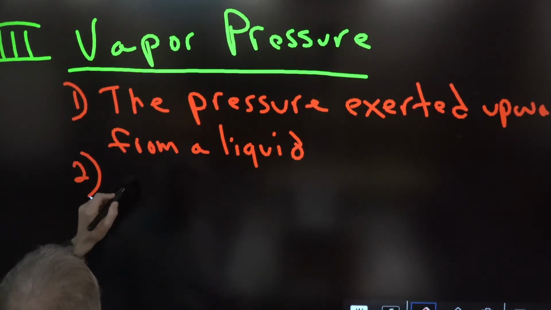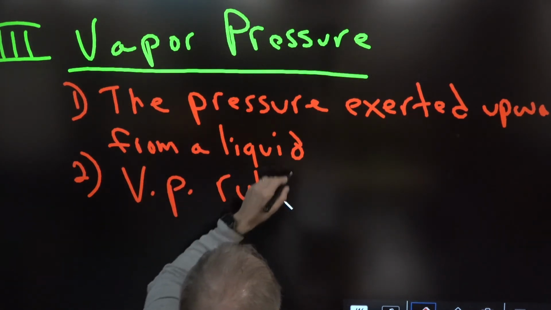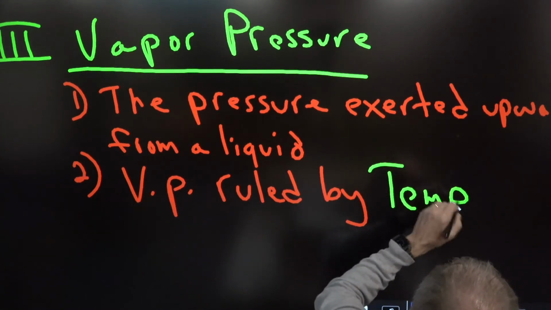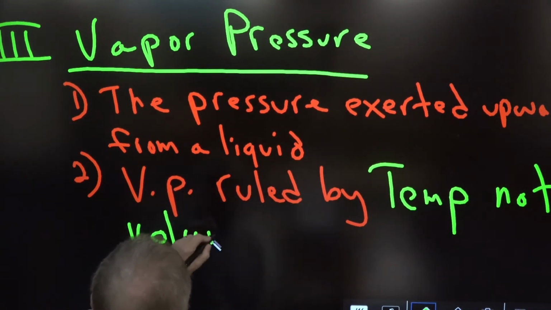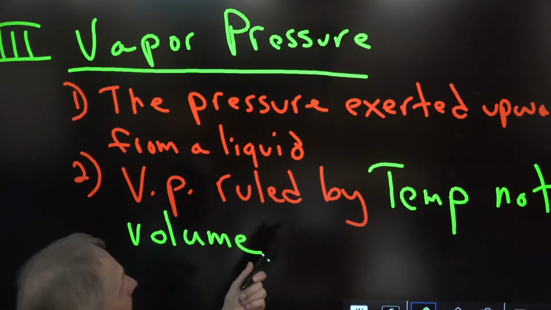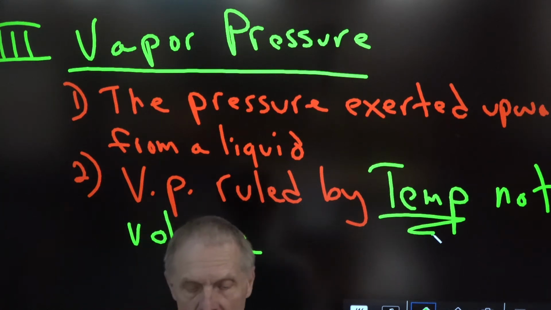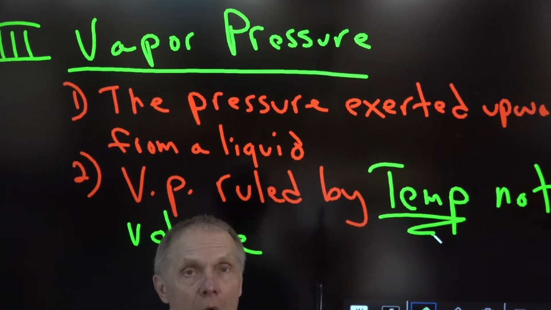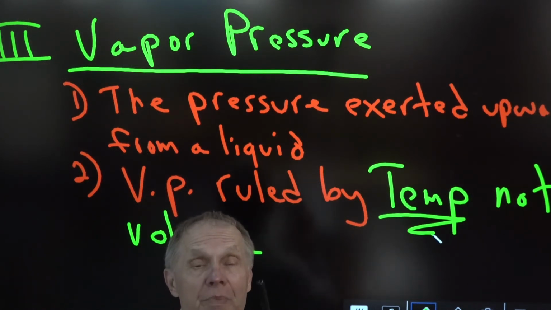Number 2, vapor pressure is ruled by temperature, not volume. If this water in this beaker were the same temperature as Seneca Lake, well, then there's way different volumes, but the vapor pressure would be the same.